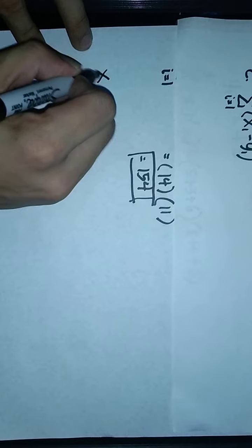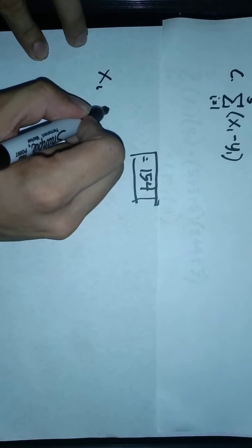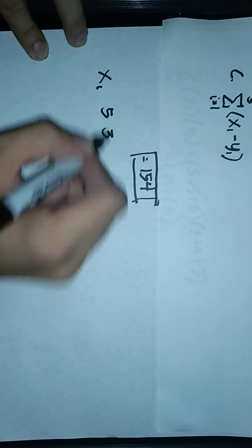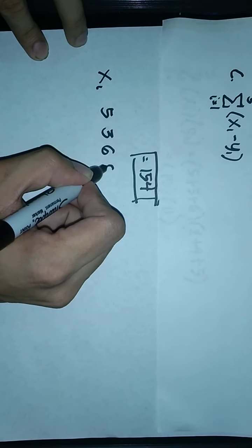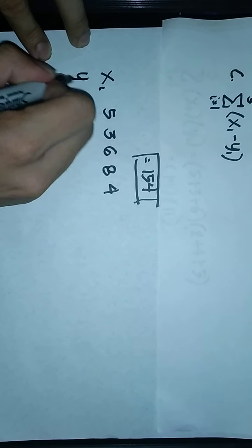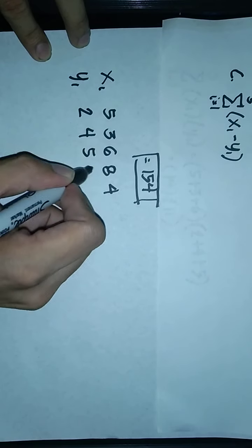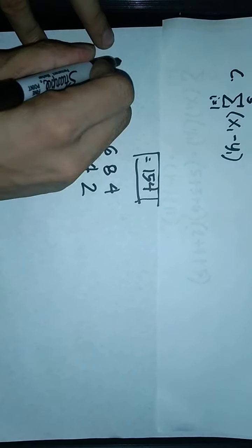So we will have x sub I is equal to 3, 6, 4, 8, 4. Y sub I is equal to 2, 4, 5, 4, and 2. So I will make this as a table. Pasensya na kayo kung hindi siya perfect table, hindi siya perfect rectangle.